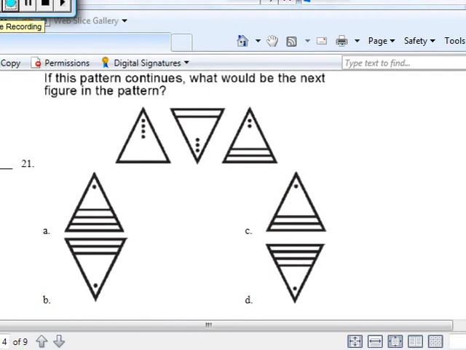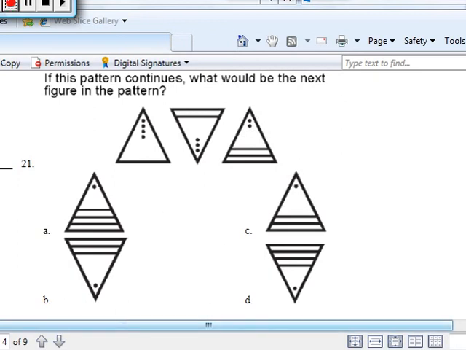On this next problem, you might be asking, what in the world does this have to do with geometry? If you don't remember, we started off the chapter talking about inductive reasoning. Inductive reasoning is reasoning based on patterns. So if this pattern continues, notice it says if the pattern continues, because inductive reasoning can be wrong. It's saying if it does continue, what would be the next figure in the pattern? Just pointing out that the first figure has 4 dots, the second figure has 3 dots, the third figure has 2 dots, the next figure will have 1 dot, which helps you none at all.